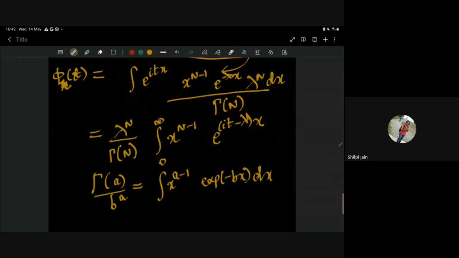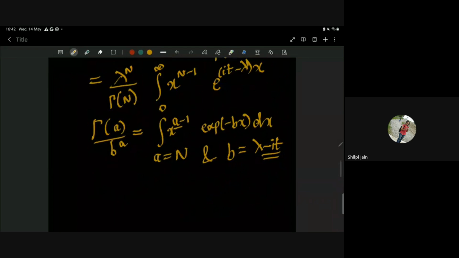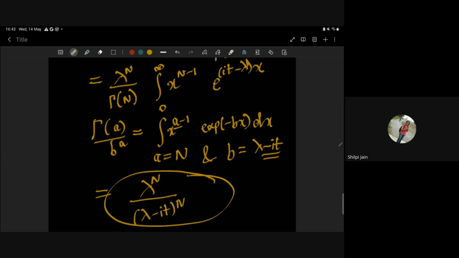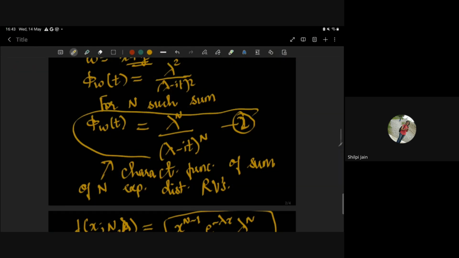So you can see your a is n and your b will become lambda minus it. Then the characteristic function of a gamma distribution just becomes lambda to the power n over lambda minus it to the power n. So you can see this expression and this expression are the same.